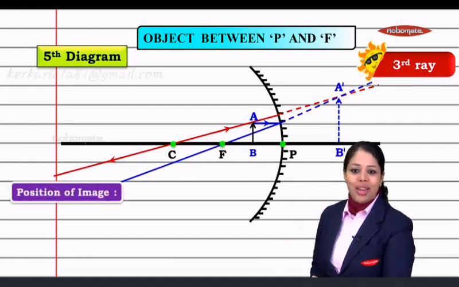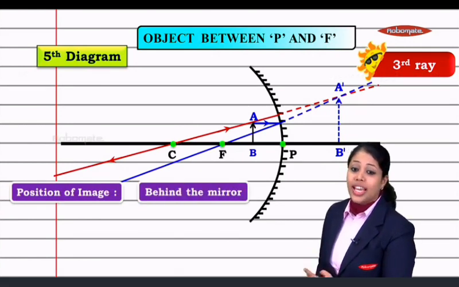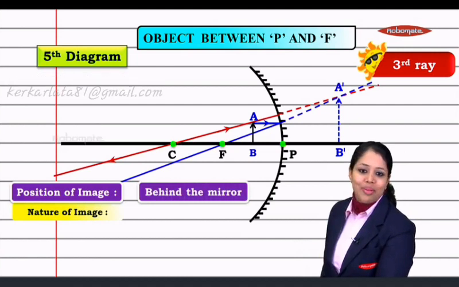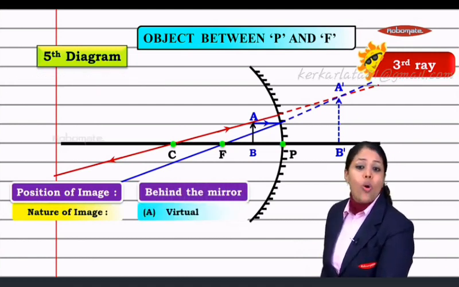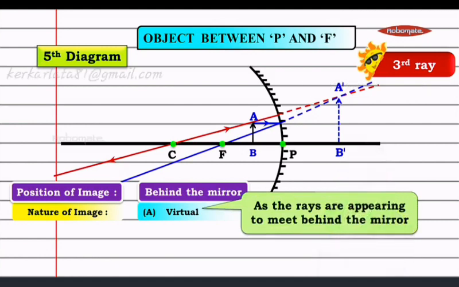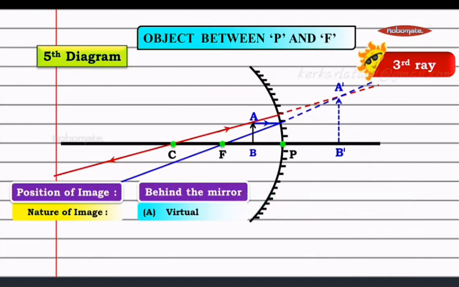After you obtain the image, what you write is the position of the image. Where is the image? We say the image is behind the mirror. Now comes nature of the image. Nature, now obviously it is not real, so we say it is a virtual image. Why virtual? As the rays are appearing to meet behind the mirror. Next, whenever it is real, students, you know it is inverted.